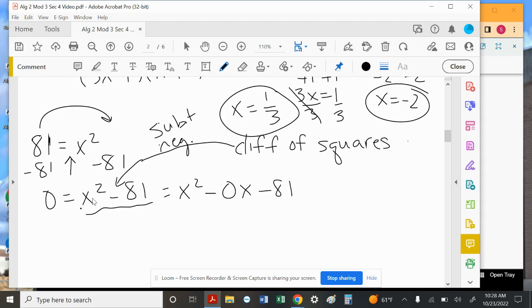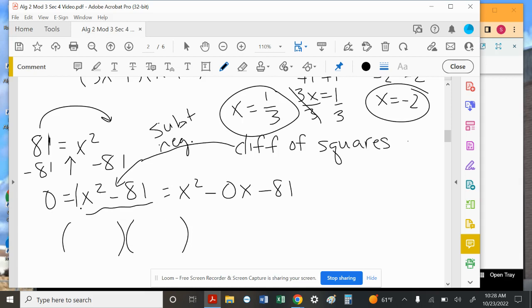So this is a difference of squares, because remember there's a 1 here, and a 1 is a perfect square. What is a perfect square? A perfect square is a number multiplied by itself equals that number. So 1 times 1 is 1, 9 times 9 is 81. Okay, so a number multiplied by itself is equal to whatever that number is. So we can factor this right away.